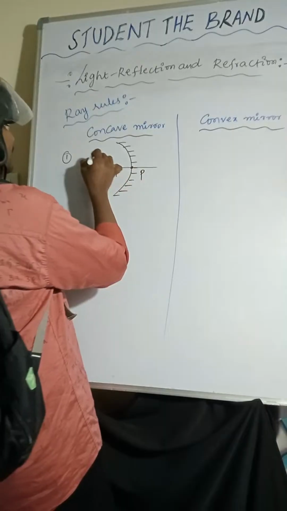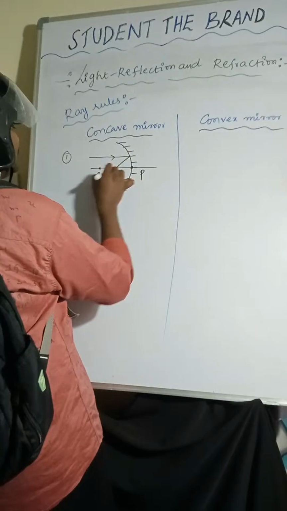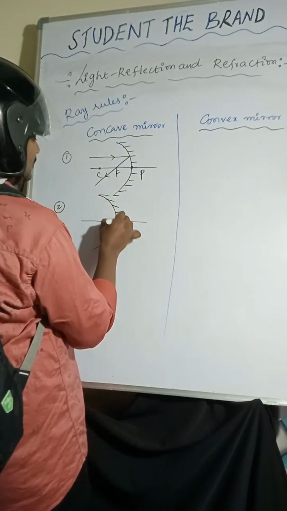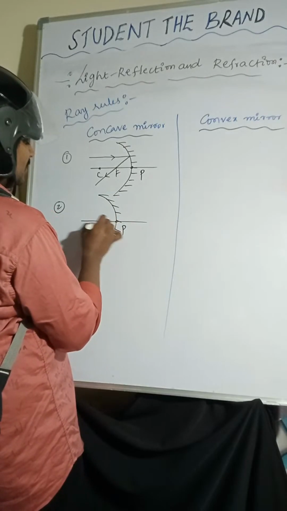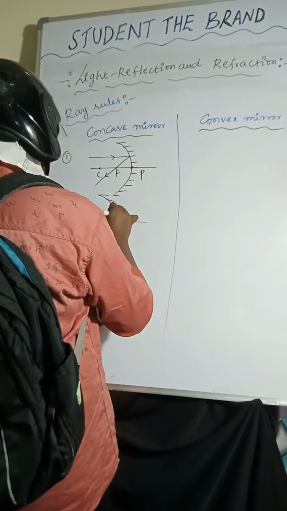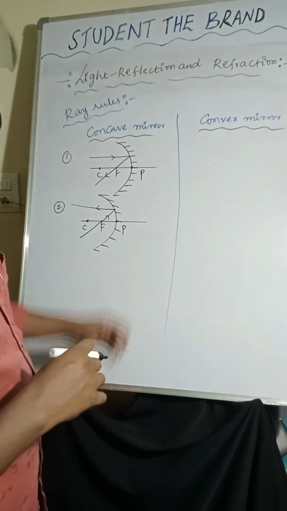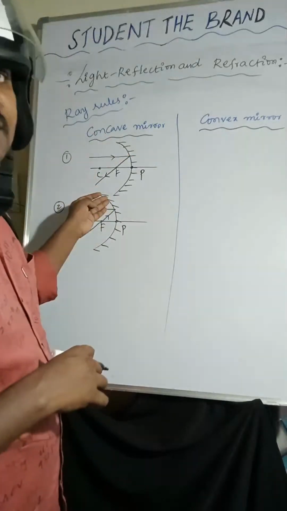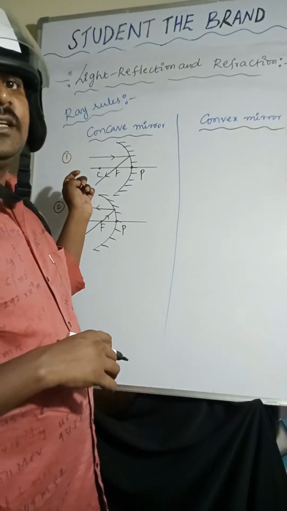A light ray parallel to the principal axis, after reflection passes through the focus. Second one. Pole, focus, center of curvature. A light ray passing through the focus, after reflection moves towards infinity.